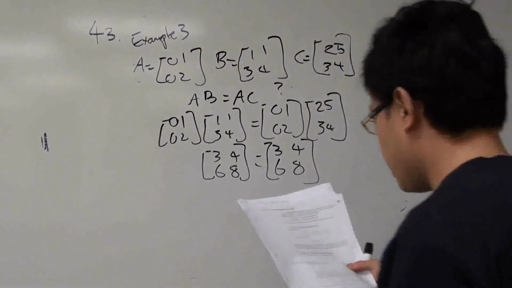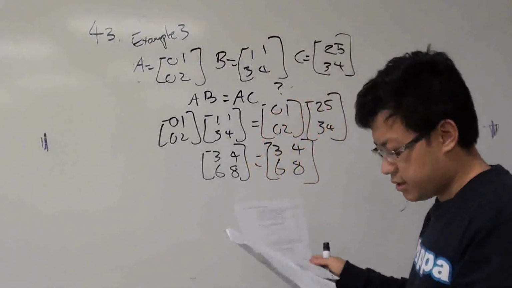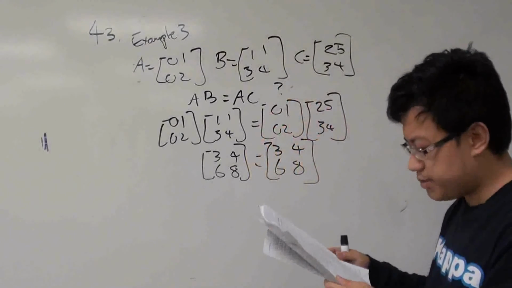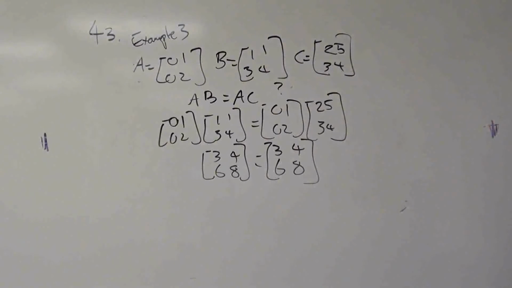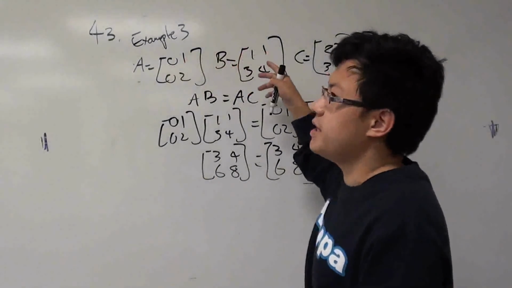Okay, so this is the last question, 43B. Explain why it doesn't work, explain why it doesn't contradict. I think there's a way to come up with a very systematic solution because we know how multiplication is being done, right?